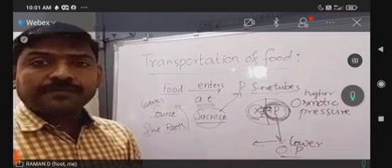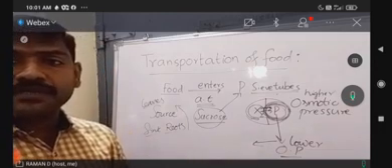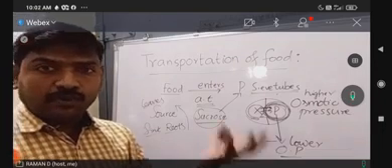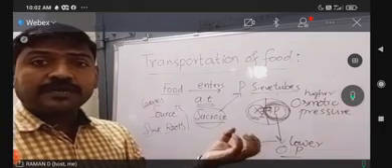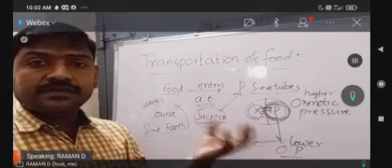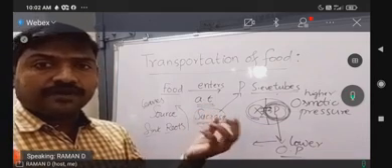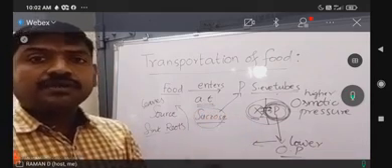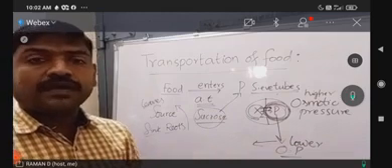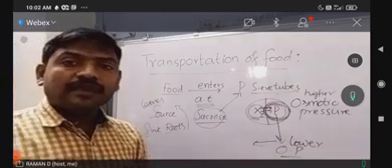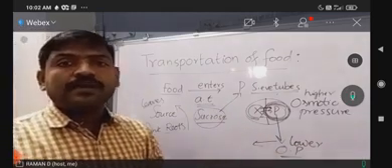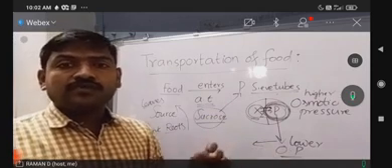Once the higher osmotic pressure is created, from higher osmotic pressure area to lower osmotic pressure area, food is transported. That means the lower osmotic pressure area is there at the leaves which have just started sprouting. Okay, so to that area the sucrose solution will be supplied.